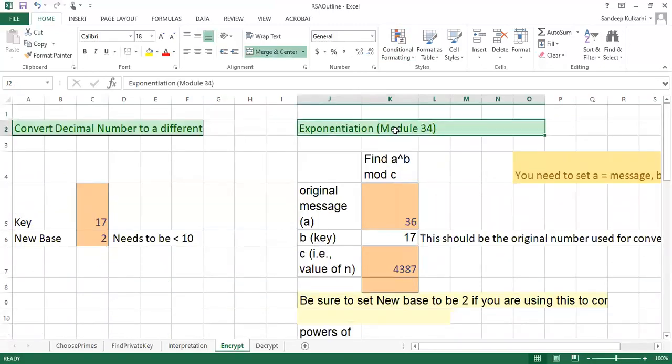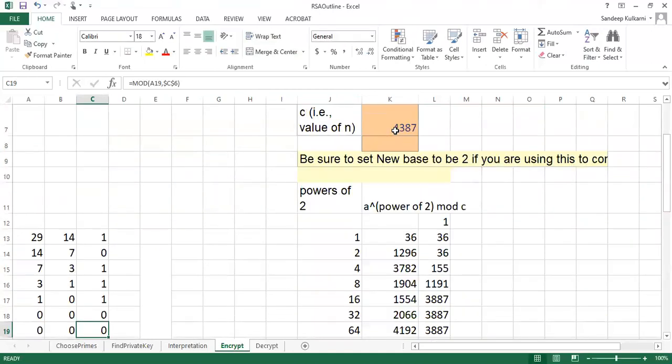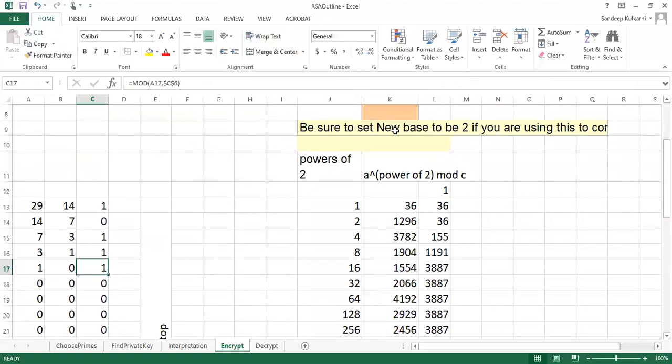Note that you can use this sheet just by itself. So if I change this number, say to 29, in that case, 29 will be 16 plus 8 plus 4 plus 1. And in that case, the corresponding powers would be used.